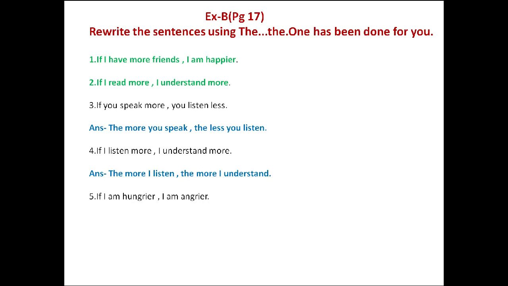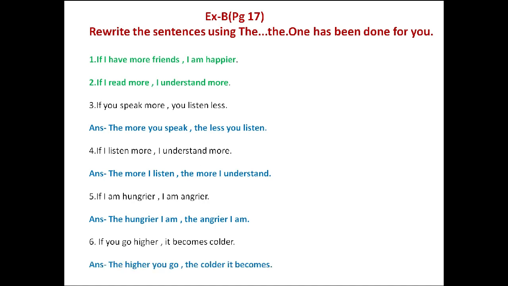So where is my subject here again? I. I is my subject. Verb is am. And adjectives hungrier and angrier. So my answer will be the hungrier I am, the angrier I am. Last sentence. If you go higher, it becomes colder. So my answer will be the higher you go, the colder it becomes.